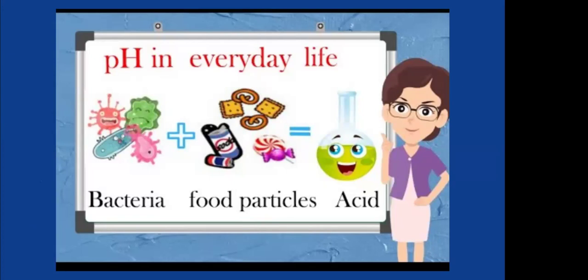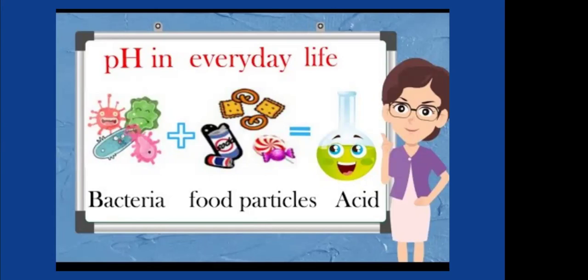Very right. When we eat something sugary, or when our carbohydrates get digested inside our mouth through our saliva, the bacteria present there react with the food particles to produce an acid. That acid tries to decompose the upper layer of our teeth, which causes tooth decay.